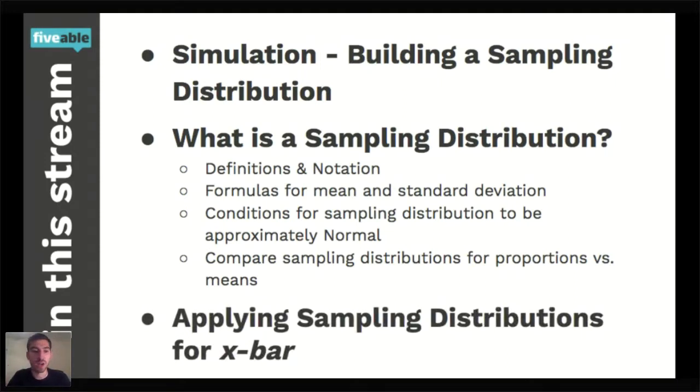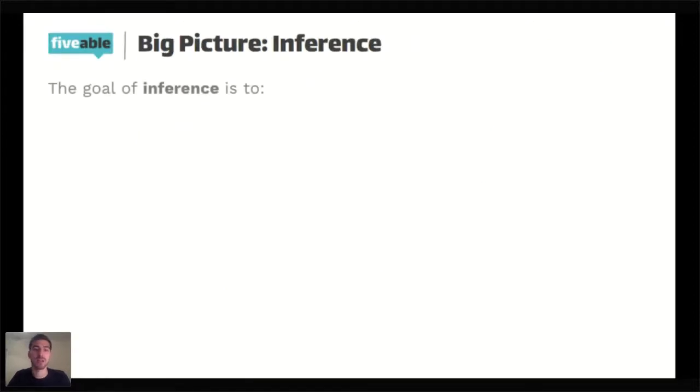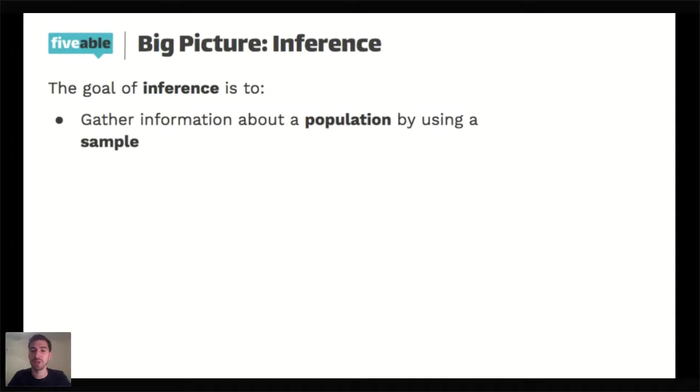Big picture wise, remember that the goal of inference is to gather information about an entire population using just a sample or samples from that population. A lot of the time, the information you're going to try to gather is not known about the population at the time that you take the sample.